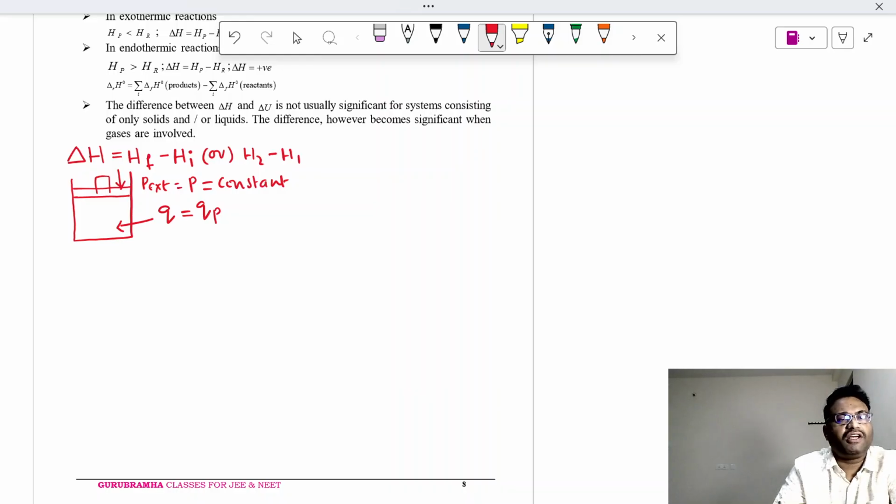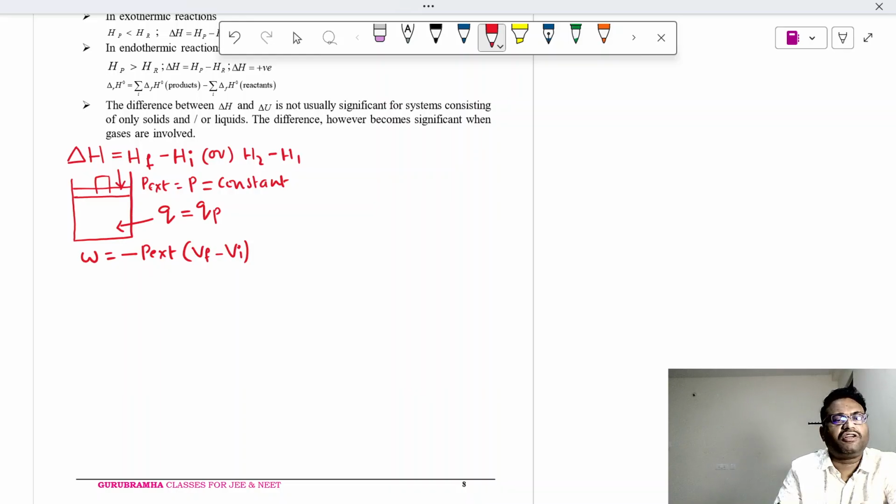And we know that formula. What is that work done formula? Work done is equal to minus P external into V final minus V initial, right? Okay. So the work done formula is minus P external into V final minus V initial, right?